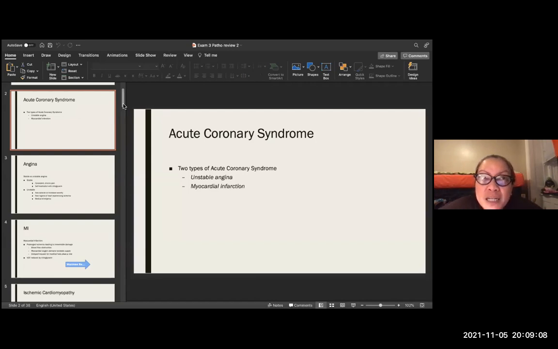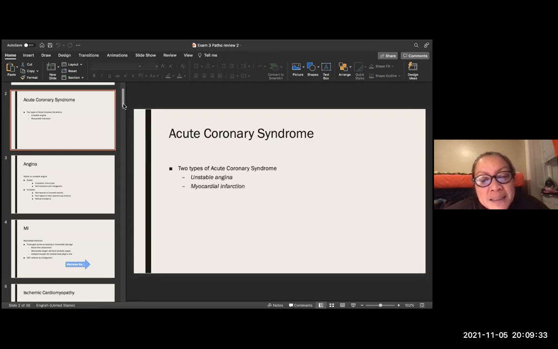The stable angina is still good, but this one is the classification of the pathologic ones of acute coronary syndrome. So when you say acute coronary syndrome, what is affected? The coronary artery. So you have to look at the coronary artery. The coronary artery is a big vessel, right?